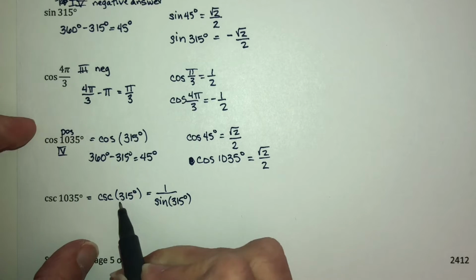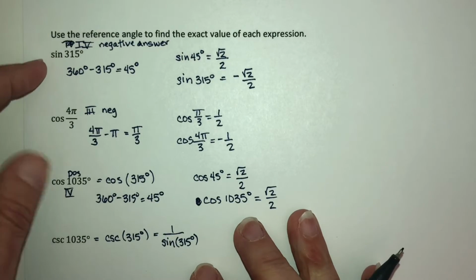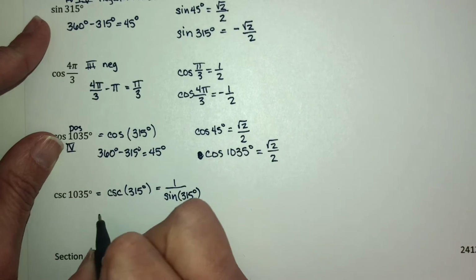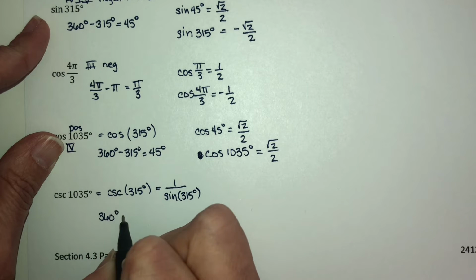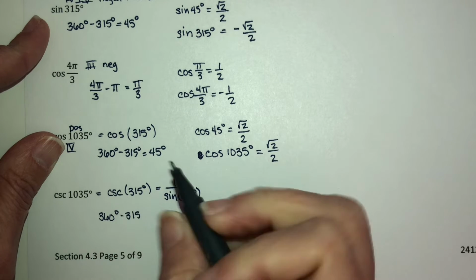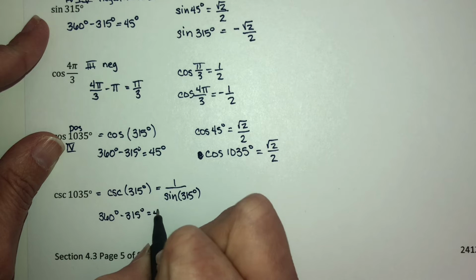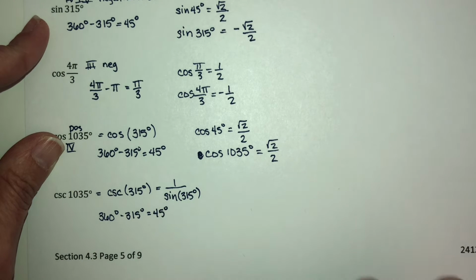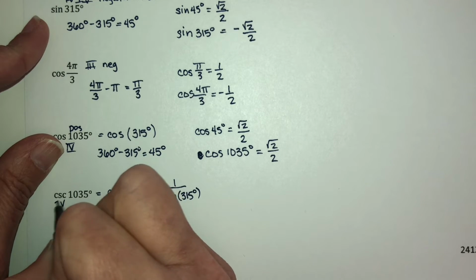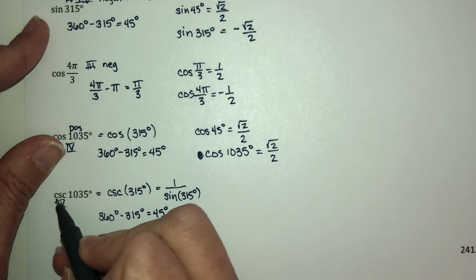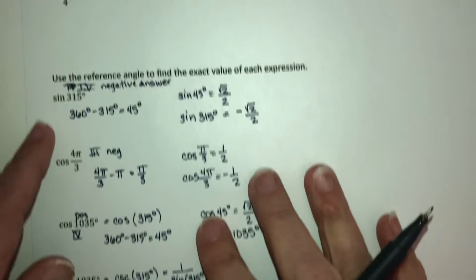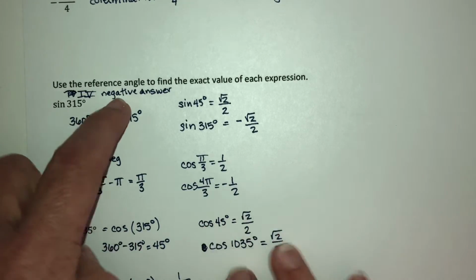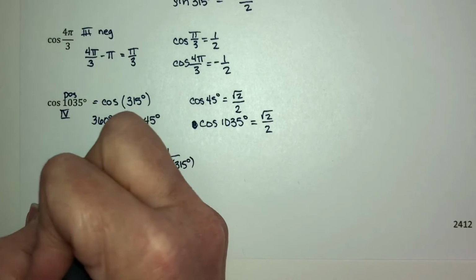We have found the reference angle for 315. We've done that twice already. So 360 minus 315 is 45 degrees. We know this is in quadrant 4. In quadrant 4 sine is negative, so cosecant is negative.